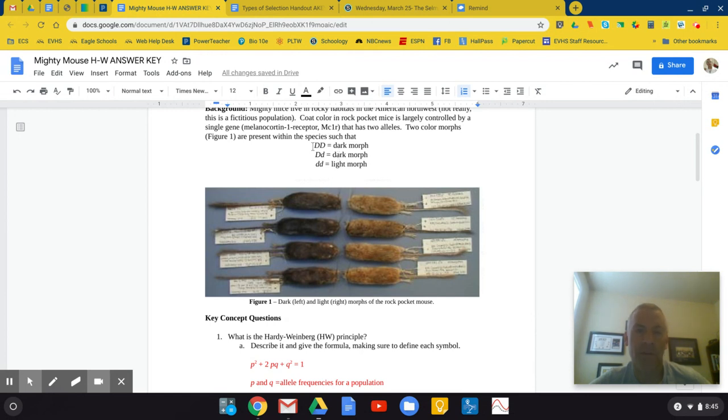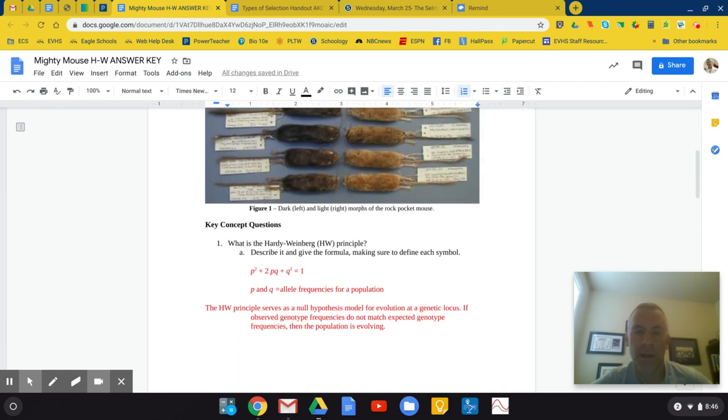A question or two came up in one of the classes, I think sixth period, where we weren't certain which was dominant. It's telling us here that big D for the dark phenotype is dominant, and the light is recessive. So all an individual needs is one dominant D allele, and it will be a dark colored mouse. If it's homozygous recessive, little d's, then it will be the lighter colored mouse.